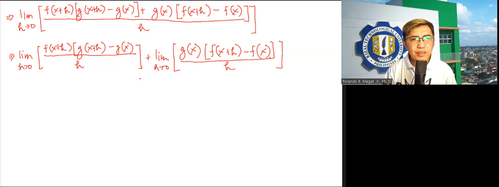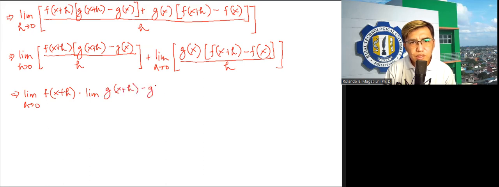Okay. Then after that, we're going to use as well yung limit of product. The limit of the product. So we have here the limit of f of x plus h as h approaches 0 times the limit of g of x plus h minus g of x over h as h approaches 0.